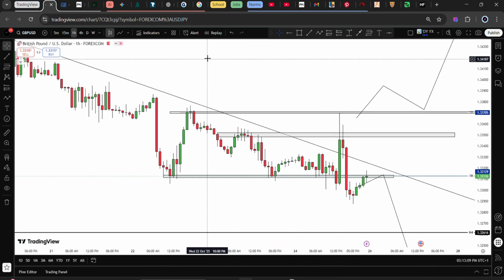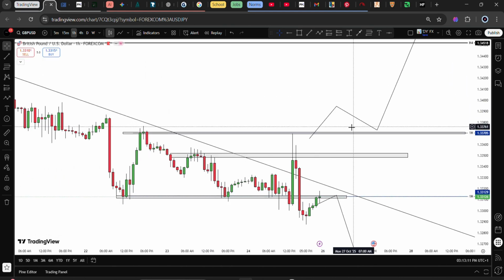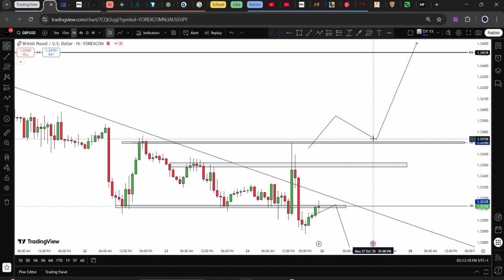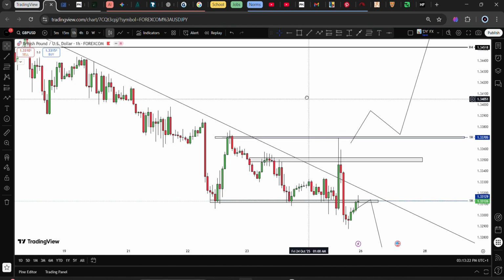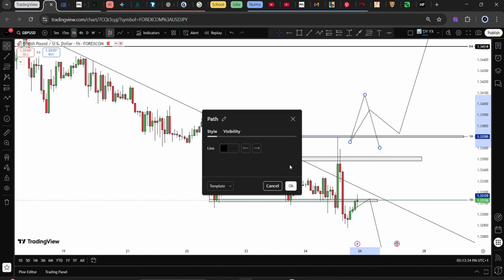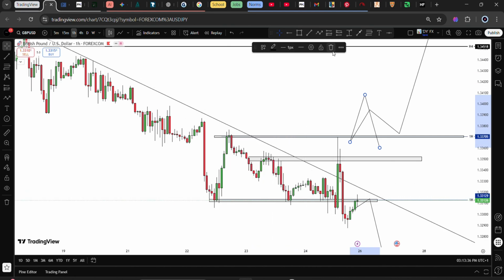On the 1 hour time frame, I would like to see the market closing above 1.33705 and coming back to retest that same zone, then I could consider buying GBP USD. If, for example, the market breaks this zone and during the retest it pulls straight down without retesting around this zone, then I'm not going to be doing anything. I will just look at the market and see what it is going to do.